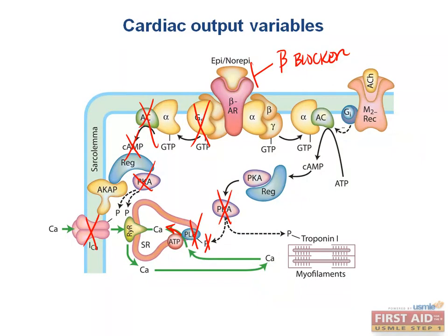Okay, now that we have discussed some important parts of the molecular physiology behind cardiac output, we can begin to individually examine the variables. So stroke volume is the volume ejected from the left ventricle in a single cardiac cycle. You can reason through some things that can change this directly. First, before you can eject anything, you probably need to fill that left ventricle.